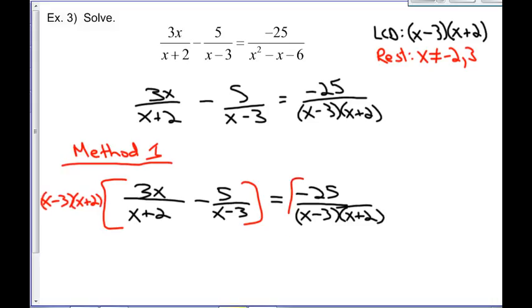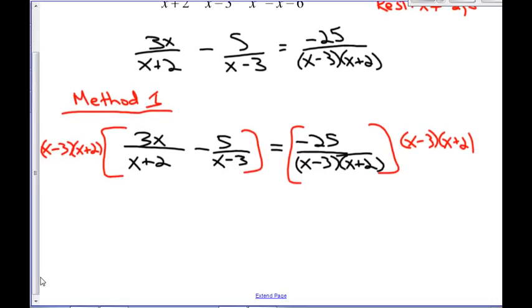Right side by x minus 3 times x plus 2. Now notice what happens when we multiply through. If I multiply this whole LCD by the first term on the left, the x plus 2's will divide out. So what will I be left with? Just 3x times x minus 3.